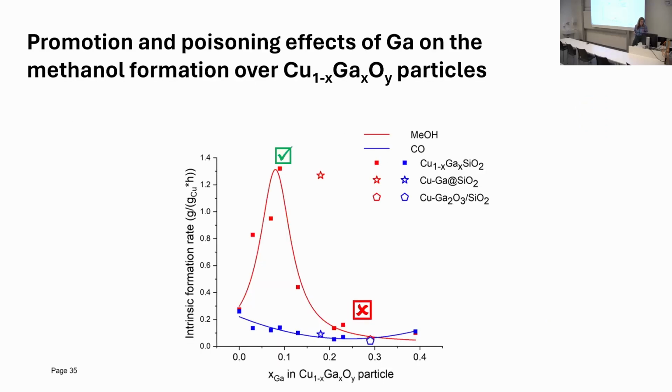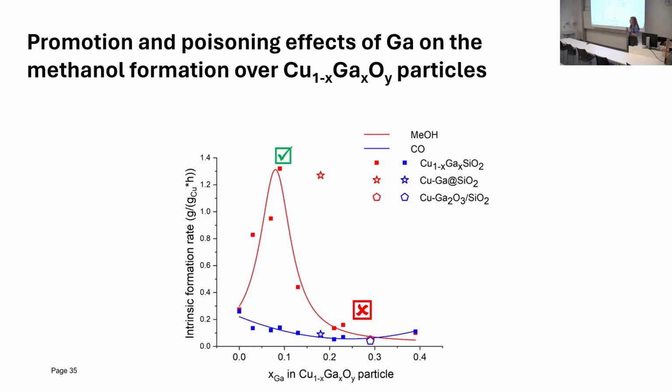But the interesting thing is that on these catalysts, which had a similar particle size, it was observed that at low concentration of gallium, the activity for methanol was strongly promoted. You can see it on this plot, but when the fraction of gallium exceeded 10%, it was going down. So the catalyst was becoming less active.